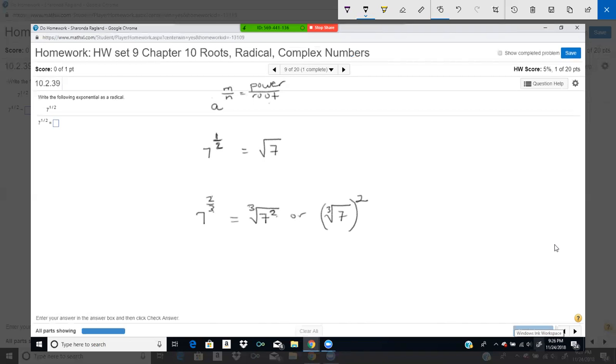As long as the power is less than the root, then it's simplified. Now, let's suppose it was 7 to the 5/3 or something like that. If I did that, then that's the cube root of 7 to the 5th, right?